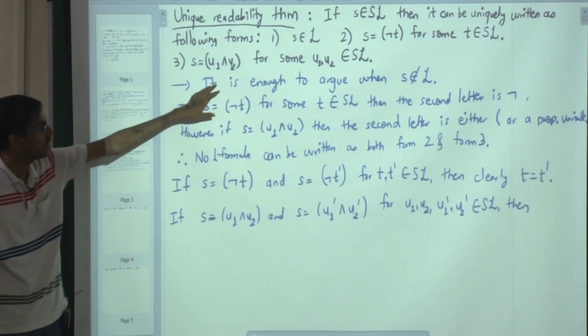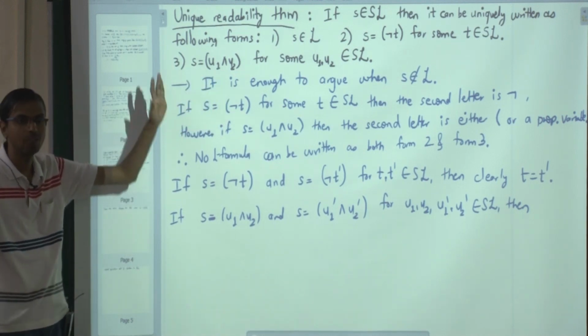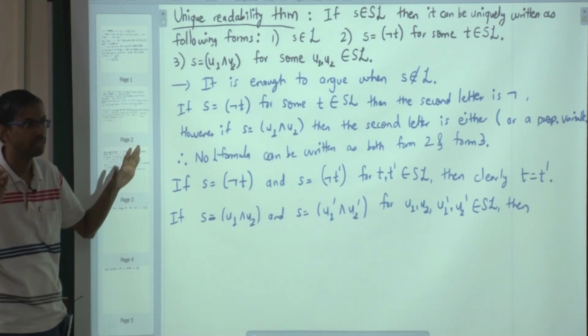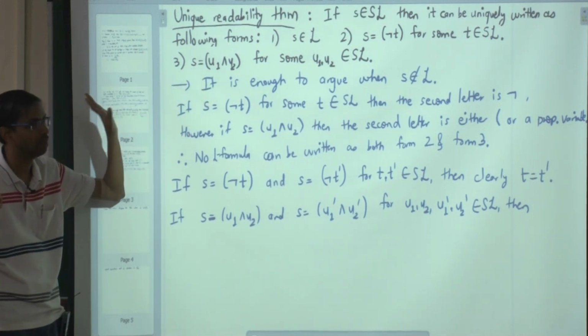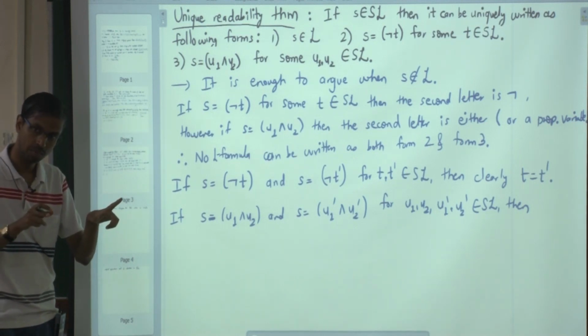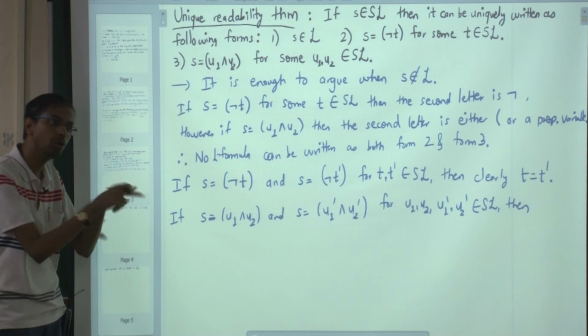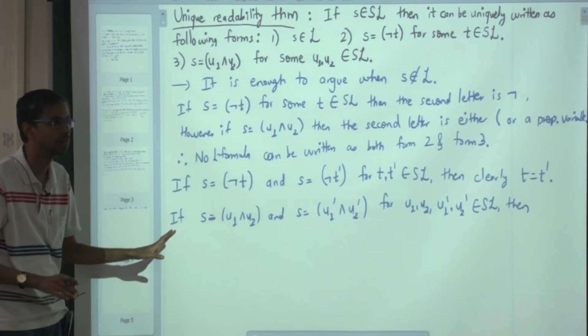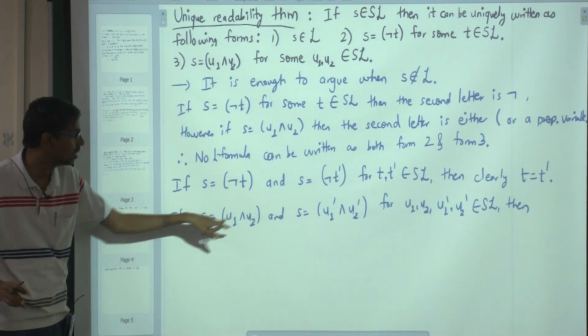So first we said that a propositional variable has length 1, so there is nothing to check. It can only be of form 1. Then we showed that 2 and 3 simultaneously cannot occur. Then we said that 2 and 2 cannot occur simultaneously. Now the only remaining case is 3 and 3. Now what will happen in this case?